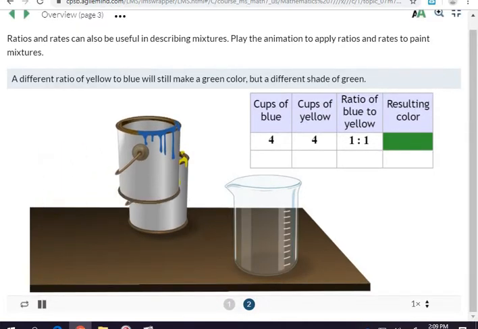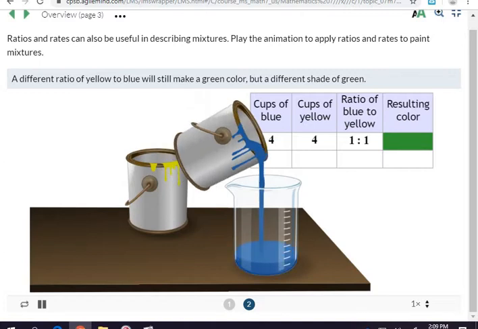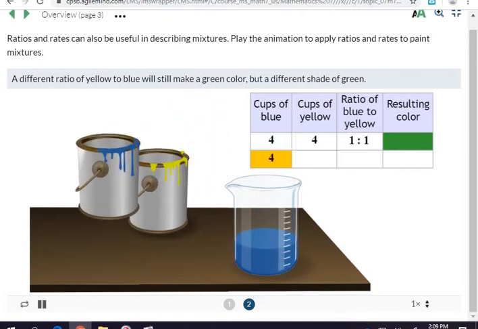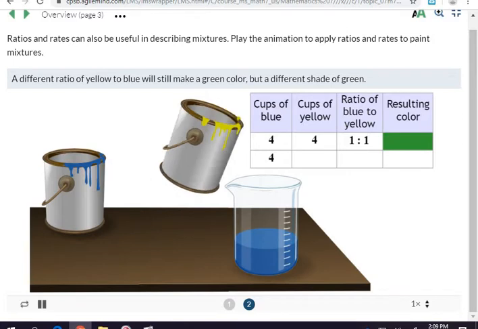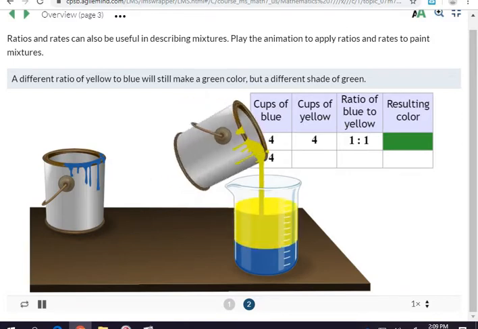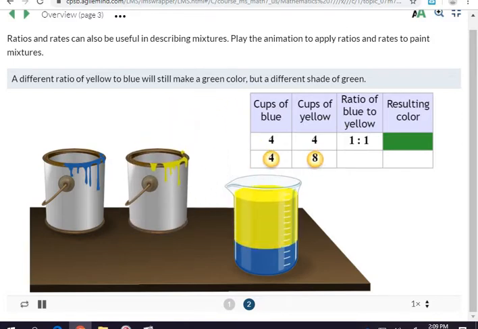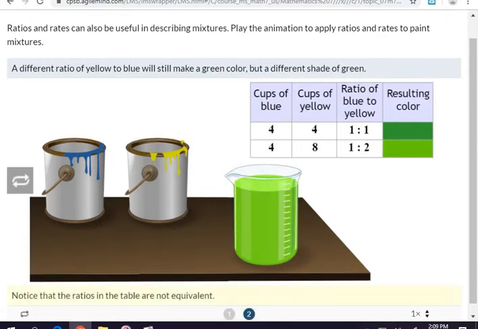So let's watch this. Now they're pouring 4 cups blue, and they're pouring 8 cups yellow. That reduced to a 1-to-2 ratio. Did it create the same green mixture? No. Would I want to use that paint?